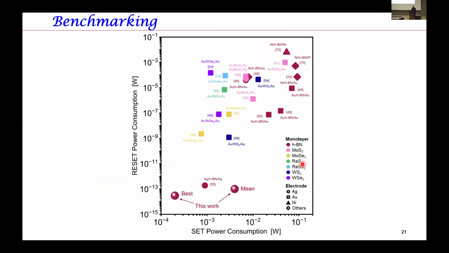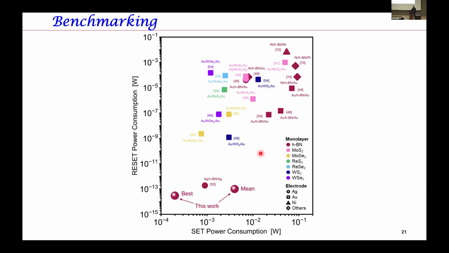So in terms of benchmarking, we use power as a proxy for energy. So energy efficiency is the most important in terms of function in devices. So you can reset and set this hBN at extremely low power compared to other 2D materials and even other oxides or other electrolytes.